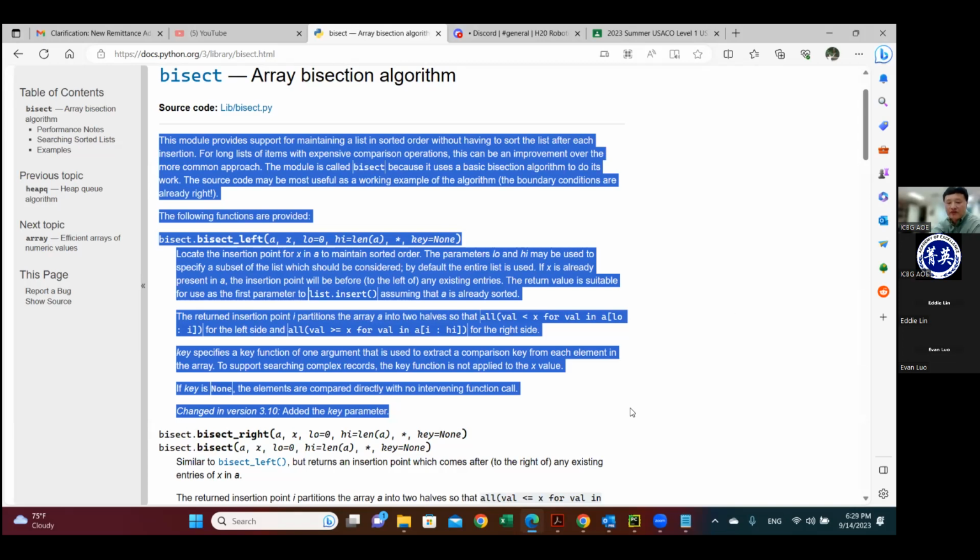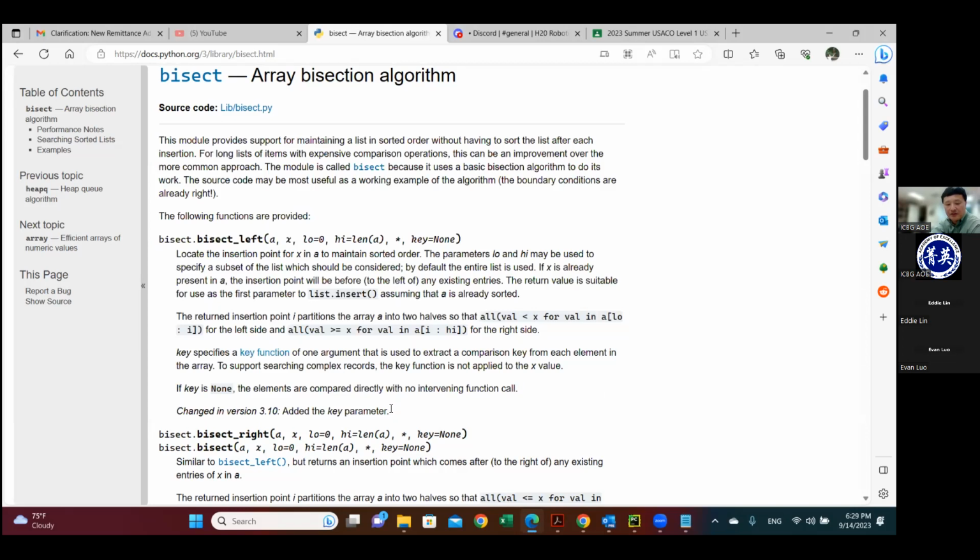So when you read this function, see if this makes sense to you. You understand this function or not?